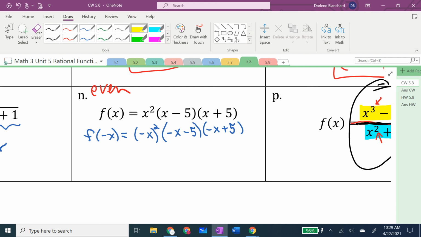Let me point out negative x where there was an x, and I need that parentheses. x replaced with negative x, x replaced with negative x. Now, if I simplify, if I square a negative, I force it positive. So I want to make sure to clarify this and this are identical.